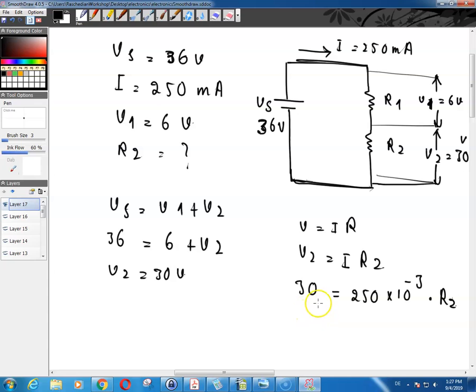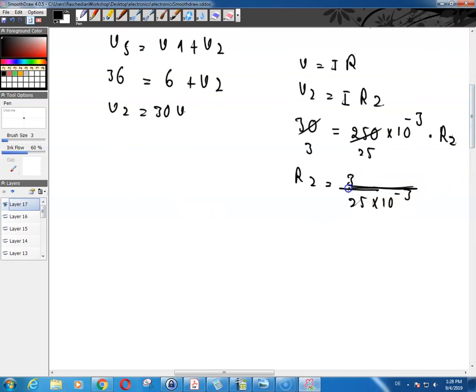So R2 is equal to 30 divided by 250 into 10 raised to the power negative 3, which is the same thing as 30 by 250 into 10 raised to the power 3, in ohms.